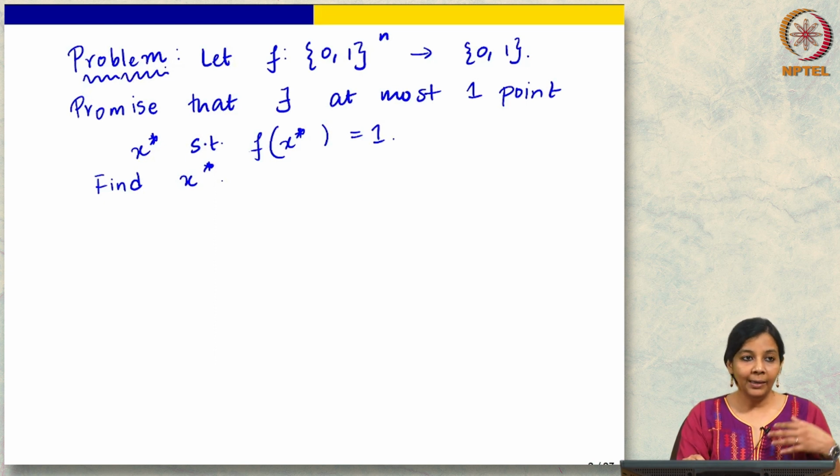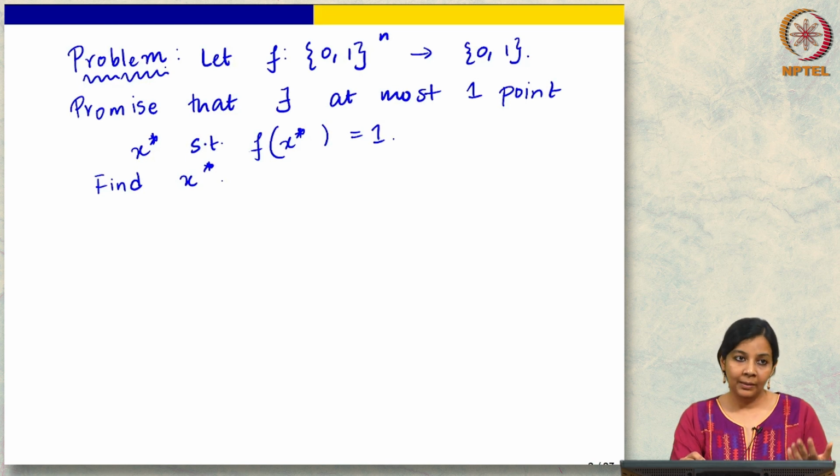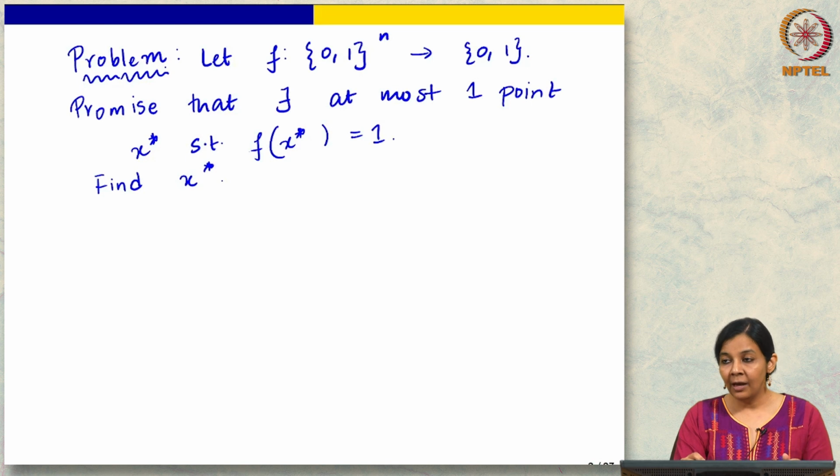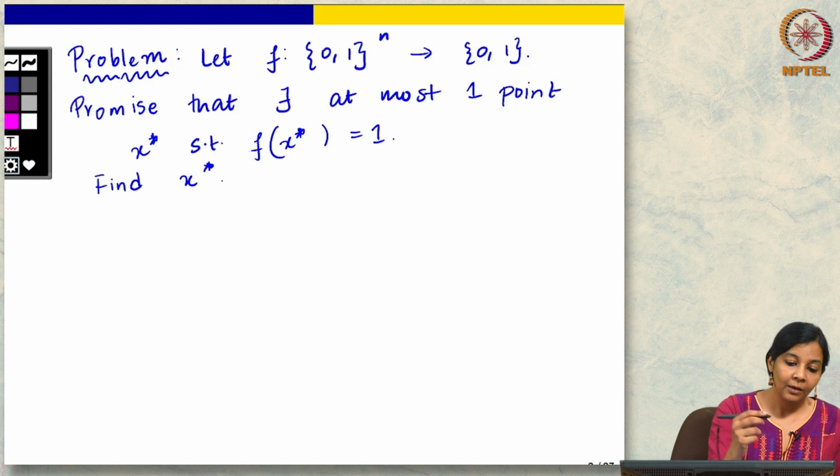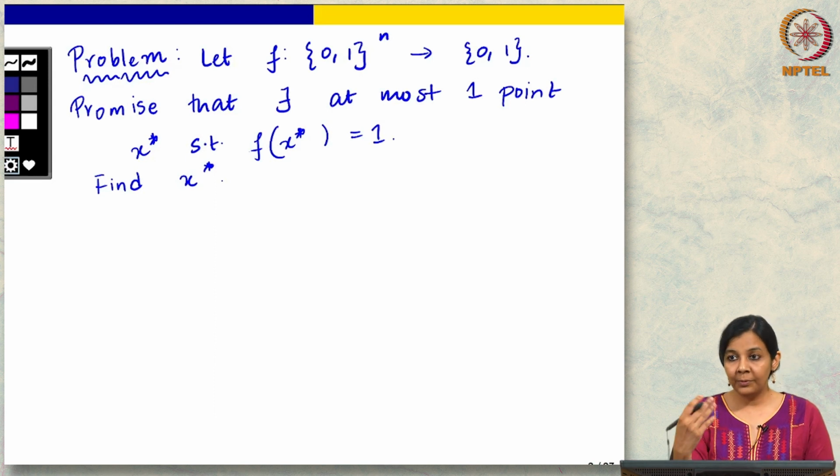Okay, so you can think of this as a search problem by mapping it to searching a database. You can also think of this as inverting a one-way function. So how is that? Can you try to come up with a way that I can use this problem to represent this inversion of a one-way function?